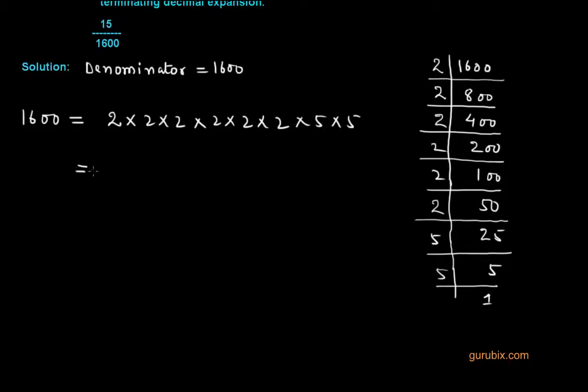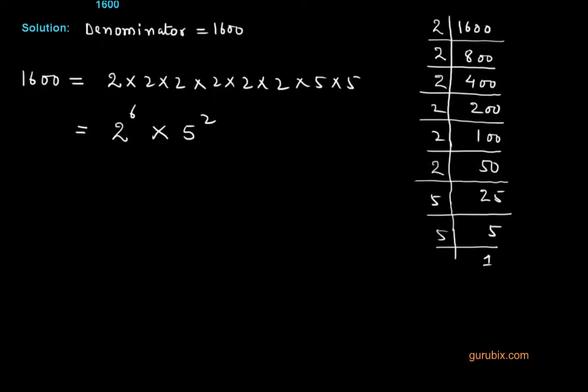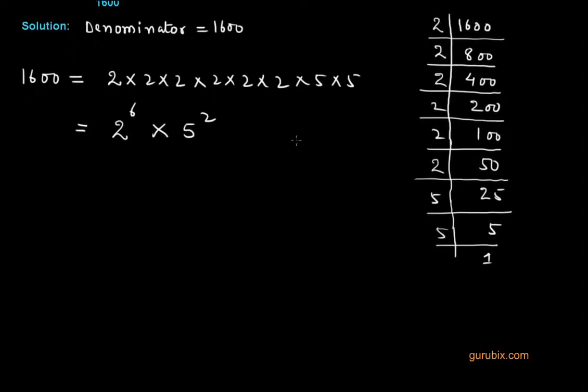And we can also write this as 2 raised to 6, because 2 is multiplied 6 times, and 5 raised to 2, because 5 is multiplied 2 times.